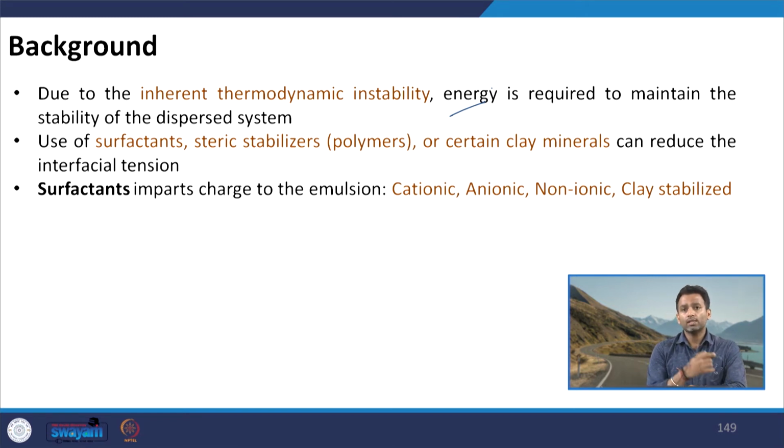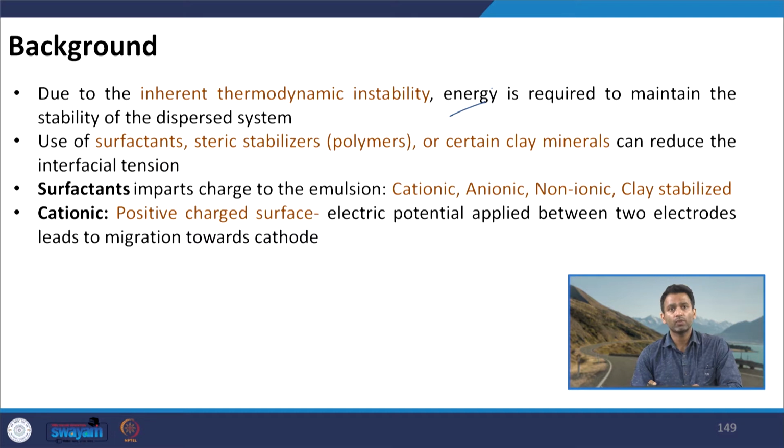Now, let us try to understand what we mean by cationic emulsion or an anionic emulsion and other forms of emulsion. We will try to understand in this way that we have a system, we have an aqueous medium which is water basically, and then we have small bitumen globules.